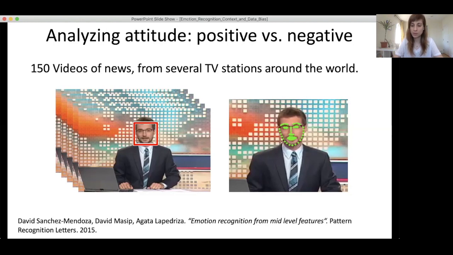The message here is that we have a lot of information about our emotional states in the face. However, facial expression analysis for emotion recognition is not always perfect. There are some problems. Here I'm going to show you another example.